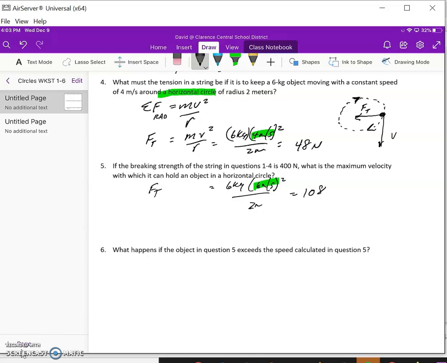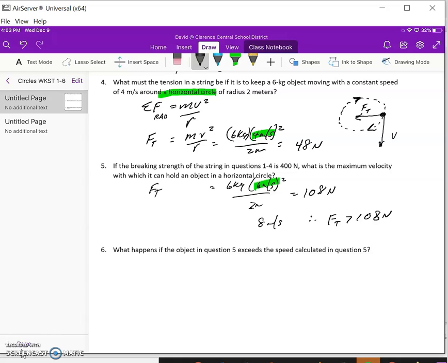Well, if that speed went up to 8 meters per second, we'd need even more, right? That tension force would be greater than 108 newtons.